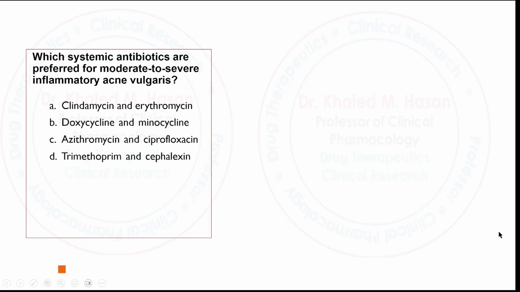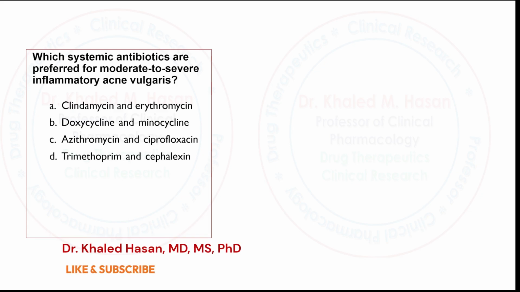Next question. Which systemic antibiotics are preferred for moderate to severe inflammatory acne vulgaris? So here we're talking about moderate to severe acne vulgaris, and we ask about systemic antibiotics.